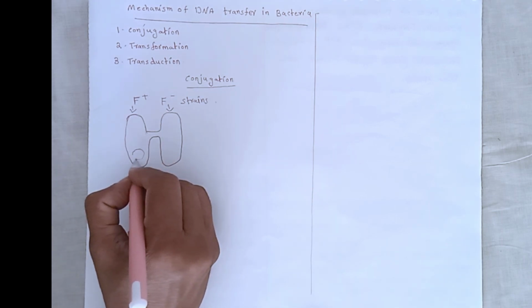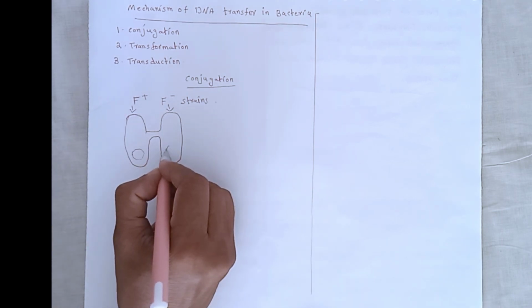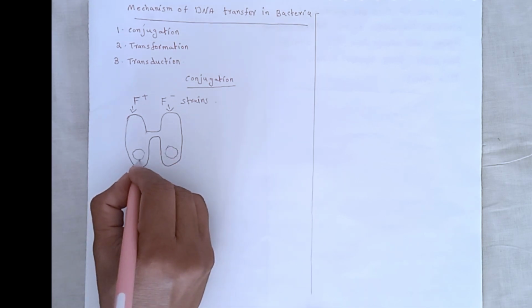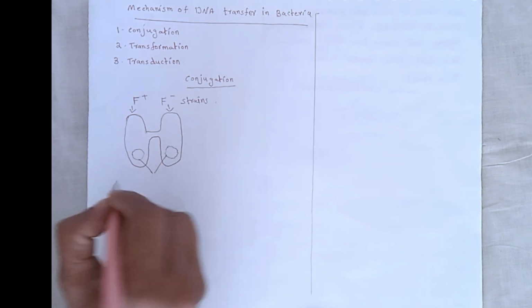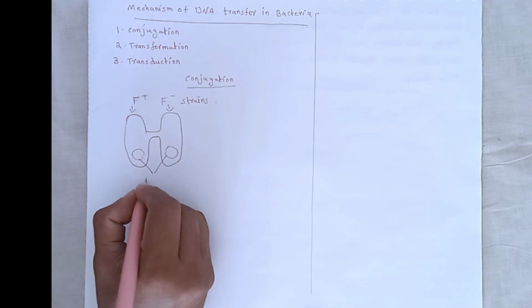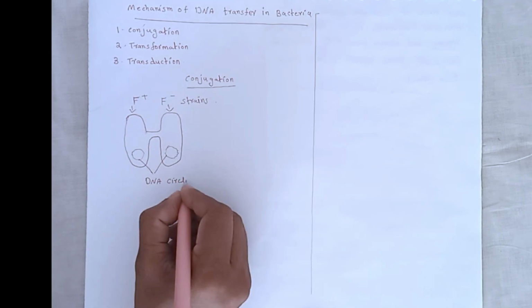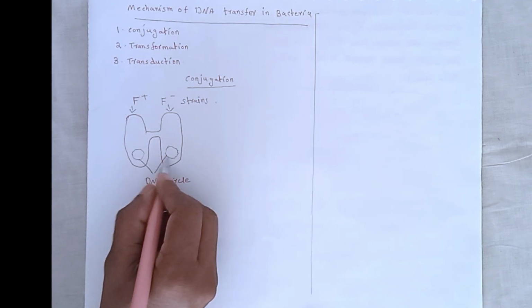This is the normal DNA part, the bacteria with circular DNA. This is the normal DNA of the bacteria.